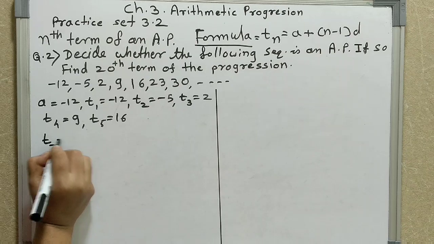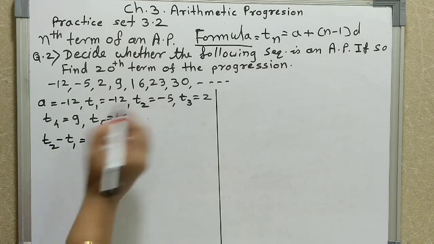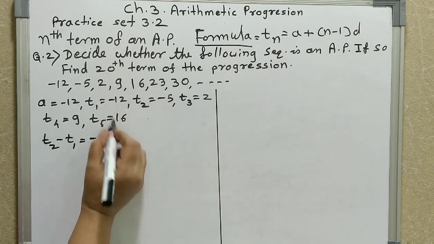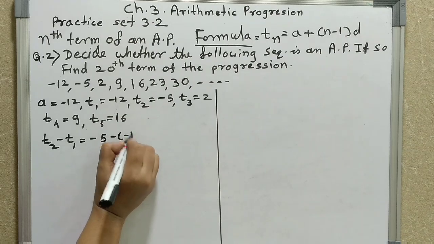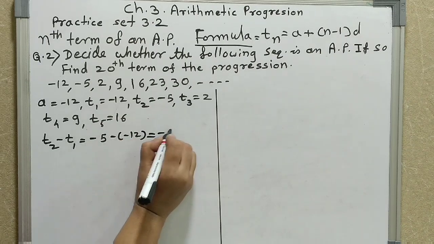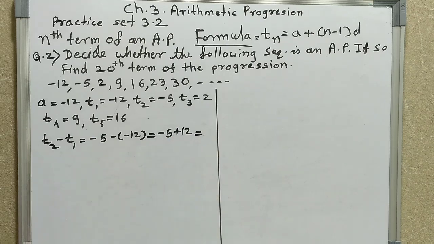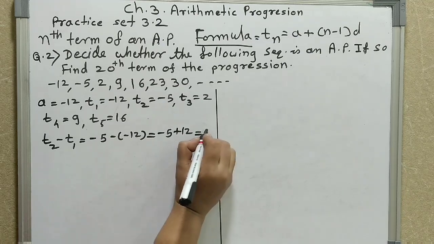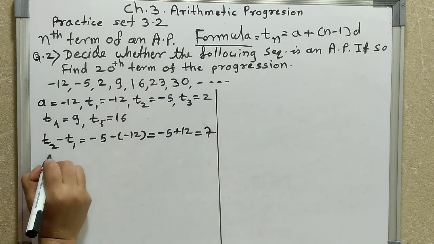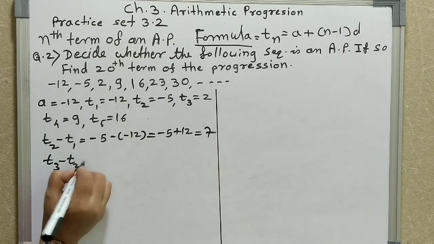Now we find out the difference between these consecutive terms. T2 minus T1 is equal to minus 5 minus minus 12. So minus 5 plus 12, we get the answer 7. Now T3 minus T2.